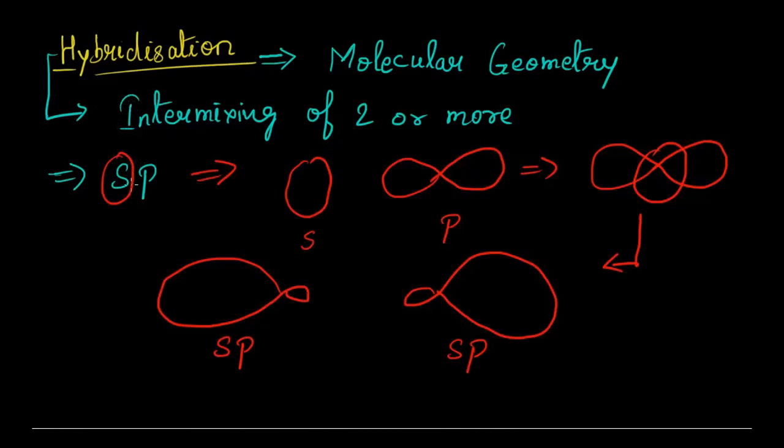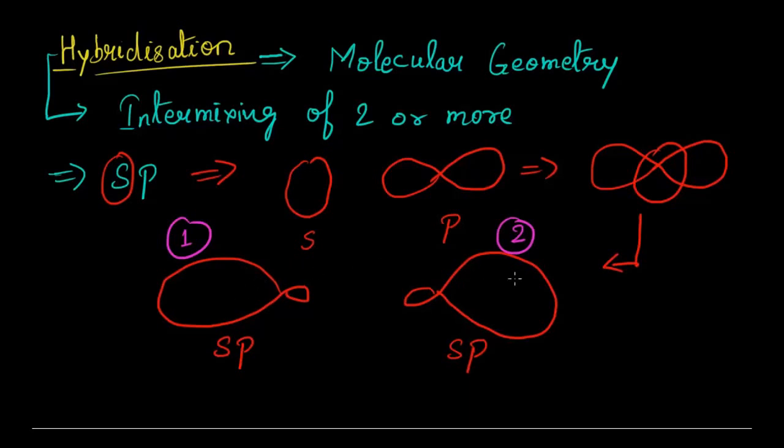Now one of the important characteristics of hybridization is that if two orbitals are mixing together, then we'll get two hybrid orbitals. This is the first hybrid orbital and this is the second hybrid orbital. These two hybrid orbitals are equivalent in energy and shape.